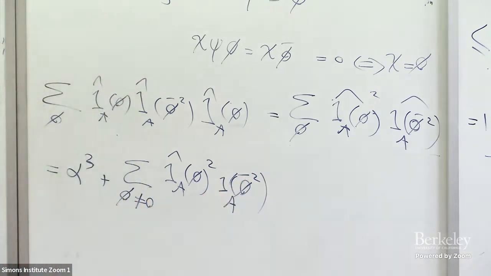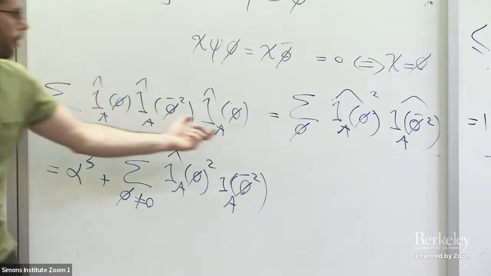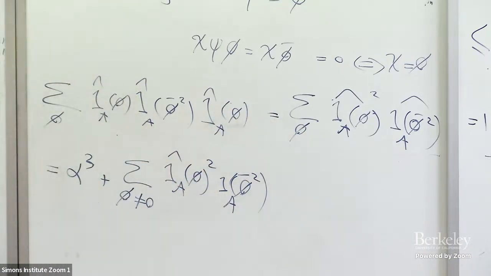I just separated one term where phi was the 0 principal character, which gives me alpha cubed. And then the rest is just the other characters.